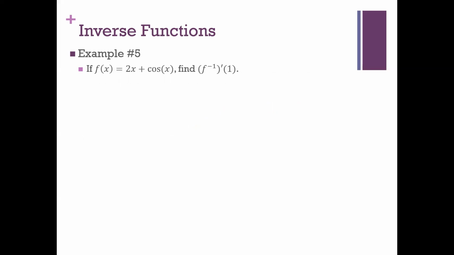This thing here, f of x equals 2x plus cosine x. I want to find the derivative of the inverse at 1. Let's remind ourselves here, how do I re-express f inverse prime of 1?